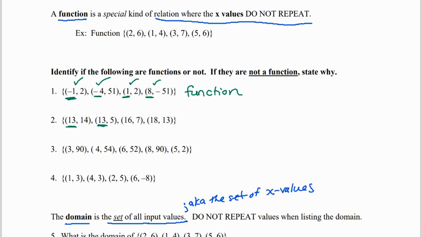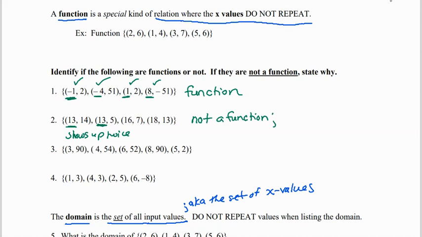Right here, this next ordered pair, it's not saying 13, 14, it's saying 13, 5. So because that 13 is showing up twice, this is not a function.